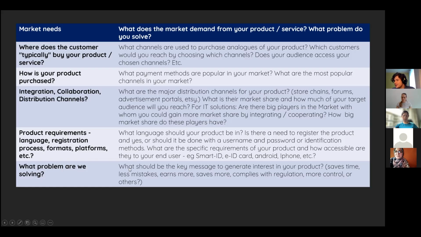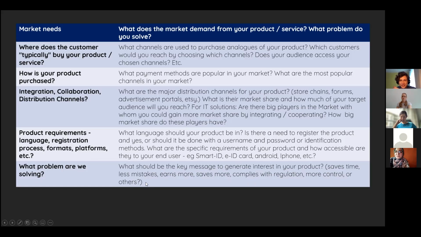What problems are we solving, and what should be the key message to generate interest in your product? Here are some ideas that I've been using, maybe very generic ideas: saves time, fewer mistakes, earns more, saves more, complies with regulation, more control, or others.